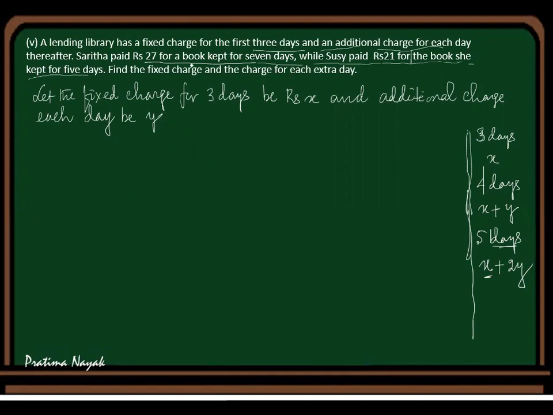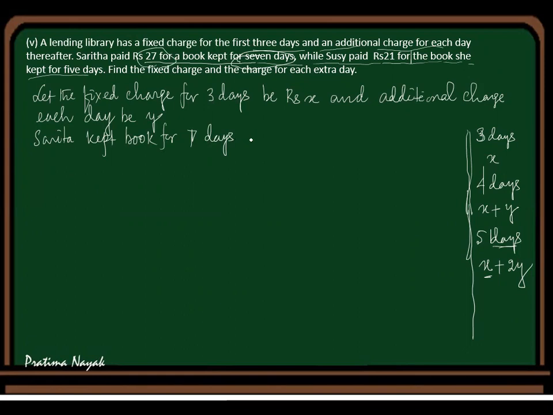Now first is for Sarita. How many days did Sarita keep the book? For 7 days. So Sarita kept the book for 7 days. How much did she pay? She paid 27.